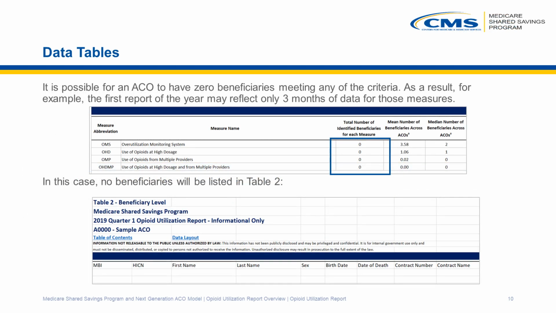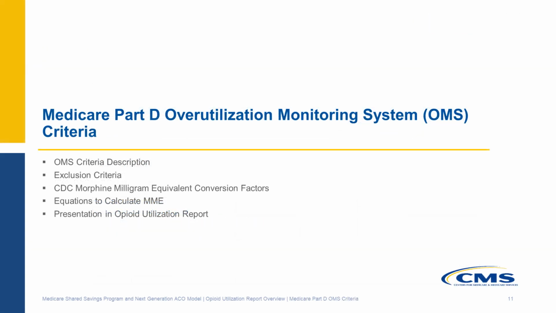It is possible that an ACO will not have any beneficiaries that meet the criteria for any of these measures. When this occurs, no beneficiaries will be included in Table 2. The next slides will cover and explain the Part D Overutilization Monitoring System criteria.